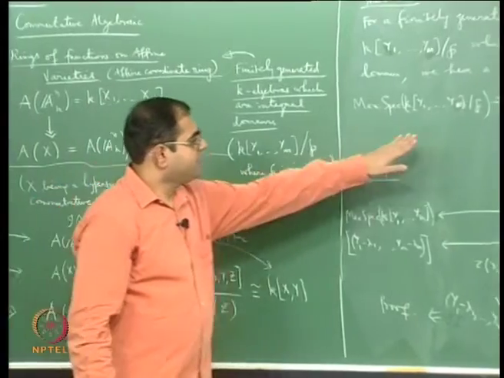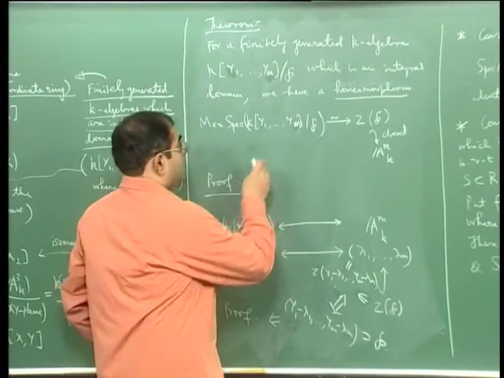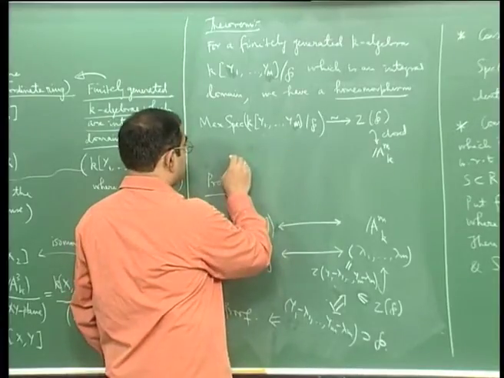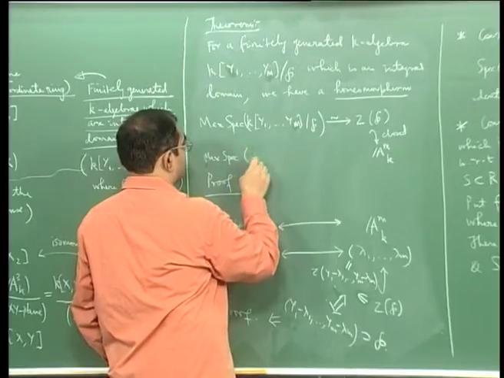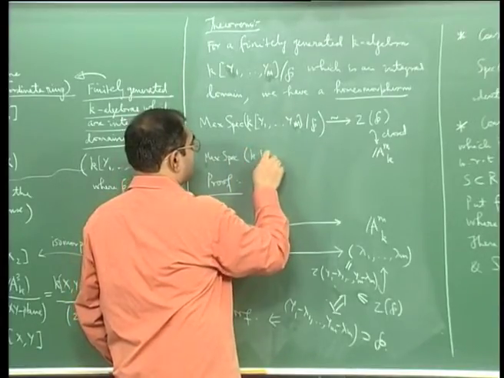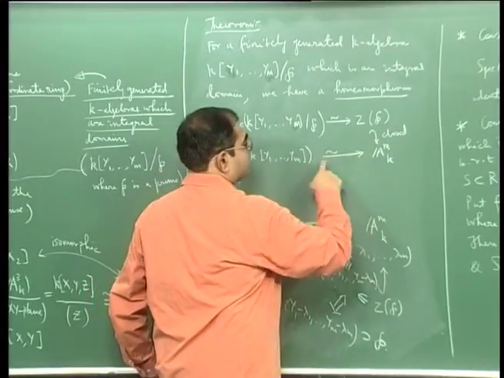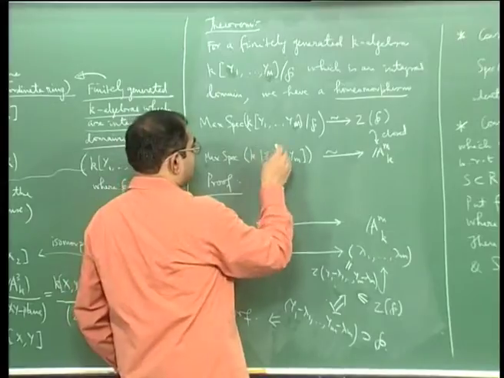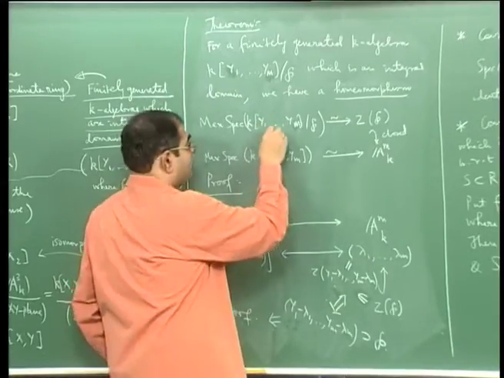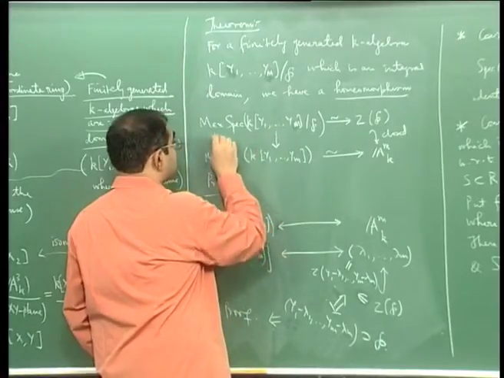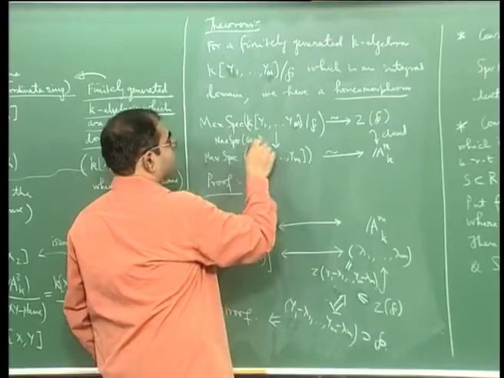So if you want to complete this diagram, what is happening is that here I have max spec of K[y1, ..., ym], which is identified with A^m by the Nullstellensatz, and from this to this there is a quotient map. The map in this direction is the max spec of the canonical quotient map.